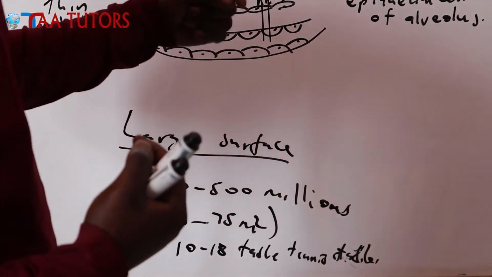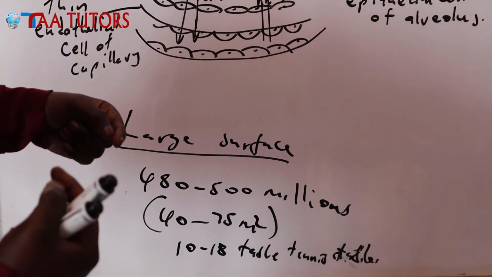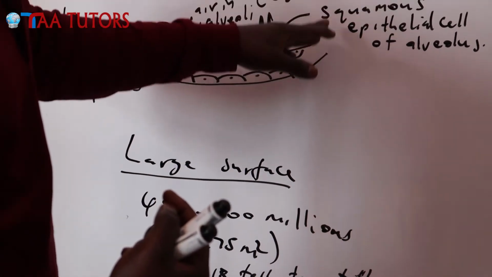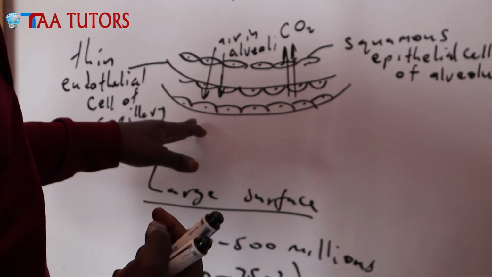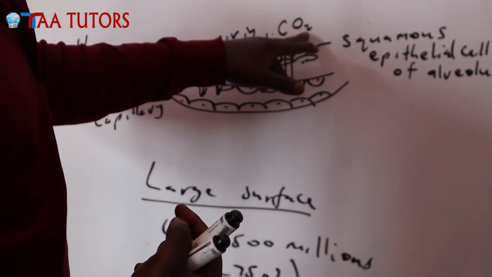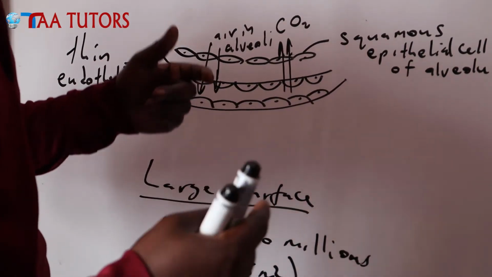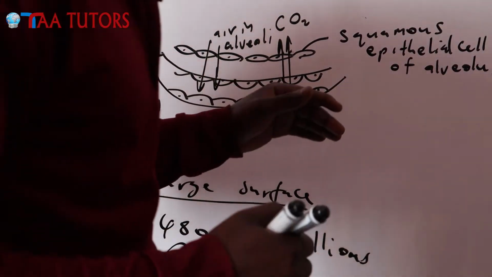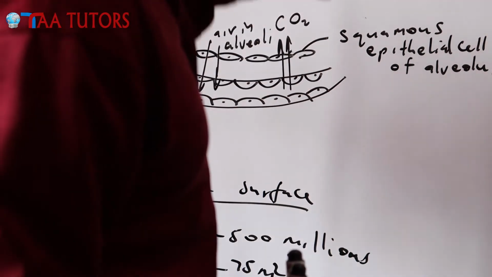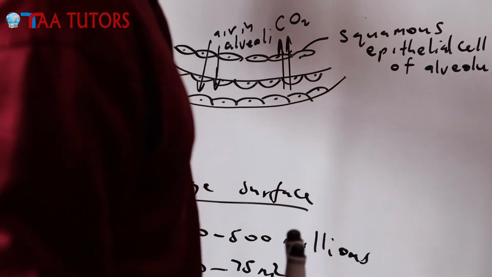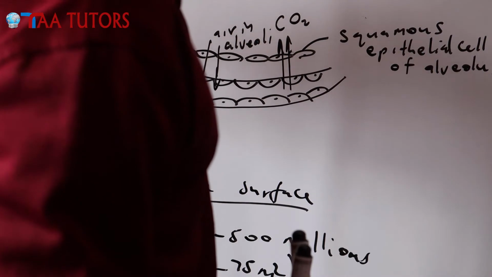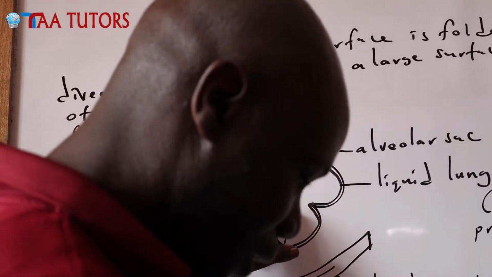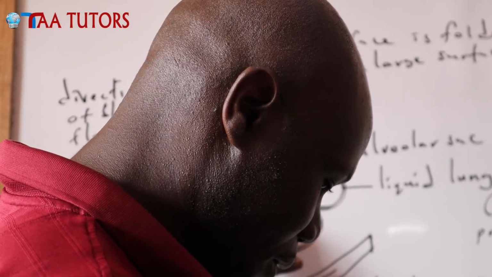Now in terms of distance, I have talked about the cells and the membrane, and I don't want to repeat that. I have talked about the membrane of the capillary being one cell thin, and the one of the alveoli is also one cell thin. That is to make sure that there's a short distance. And then inside the membrane, we might be breathing in a gas that maybe a bacteria got in, maybe a virus got in. So inside here we can have the blood, the white blood cells.